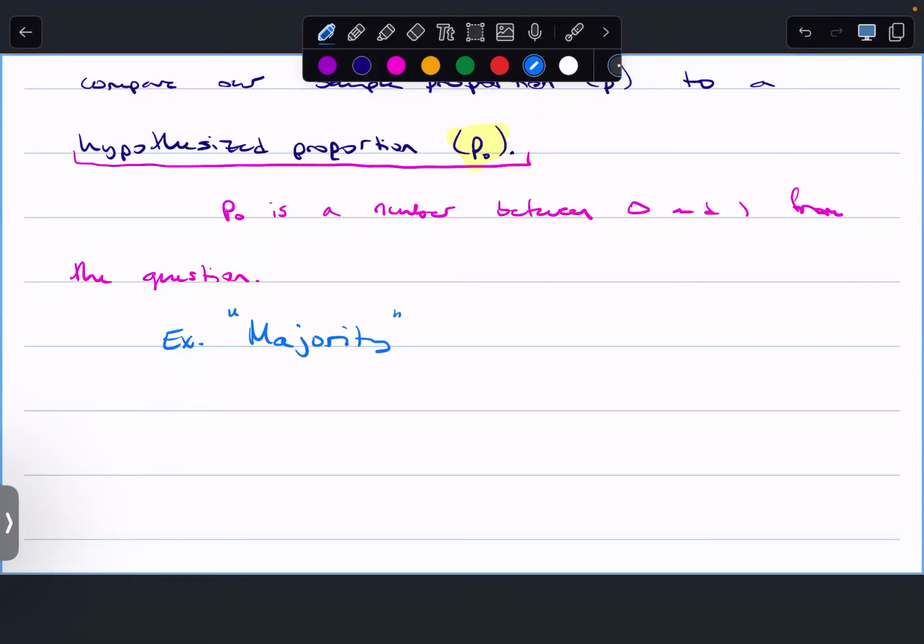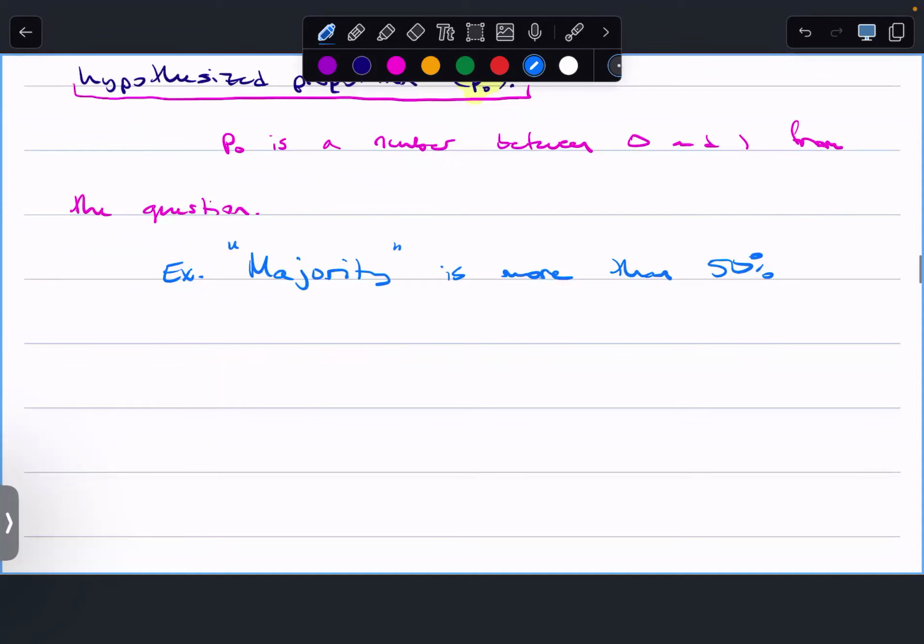Majority is more than 50%. And I always get questions because there's a couple of assignment questions where it says, is there evidence that a majority of voters will vote for this candidate, right? How do I know? Just need to take a step back. You know what majority means. You just maybe haven't thought of it as a proportion.